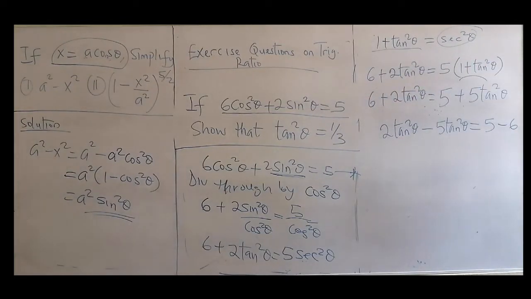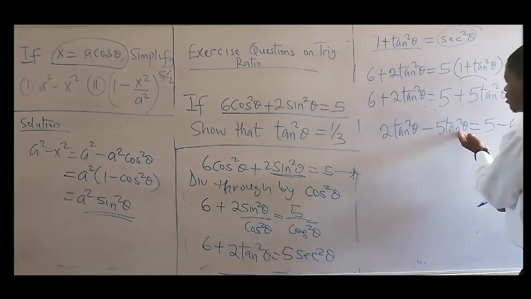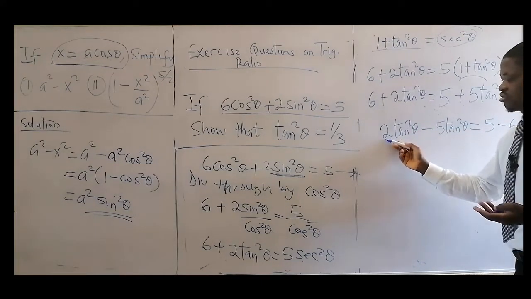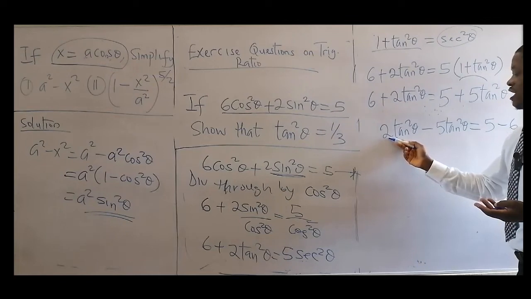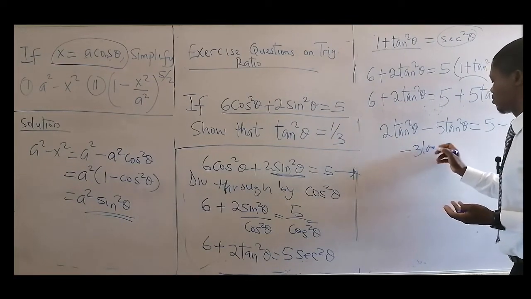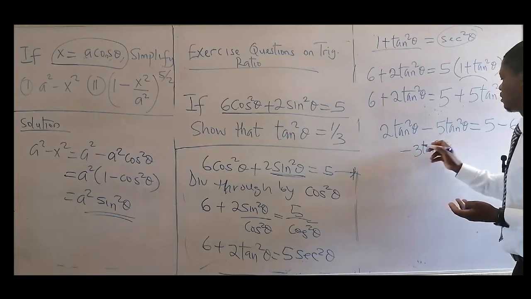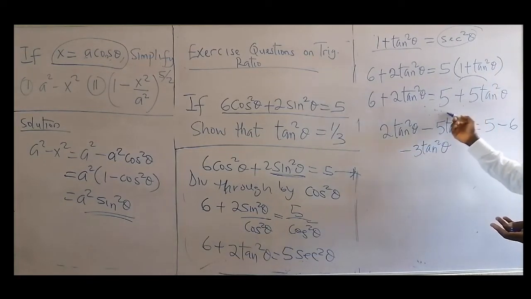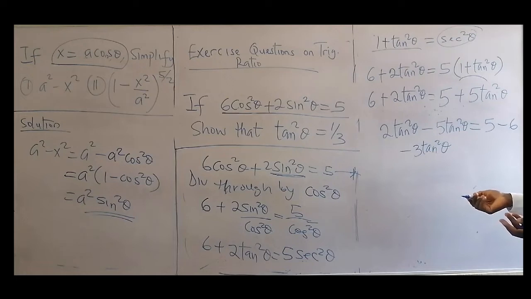Okay? And when you have tan squared theta, we are just subtracting the coefficient. 2 minus 5, that's minus 3 tan squared theta. And if you want to do it that way, you can factorize the tan squared theta there. That will be 2 minus 5, and that's minus 3 times tan squared theta equal to minus 1.